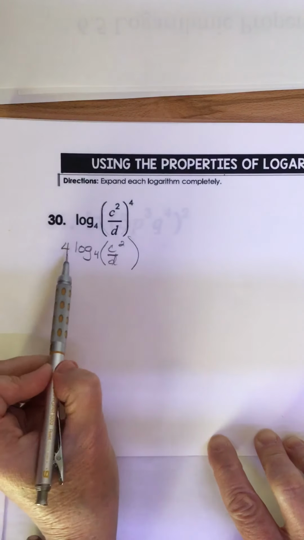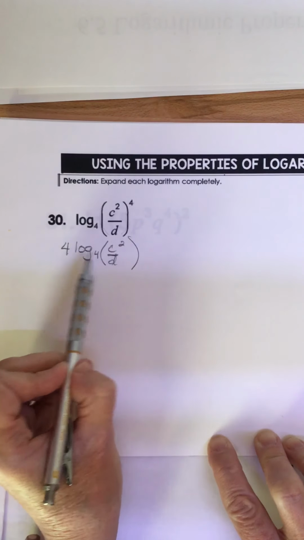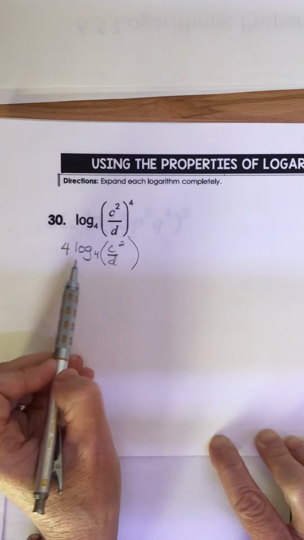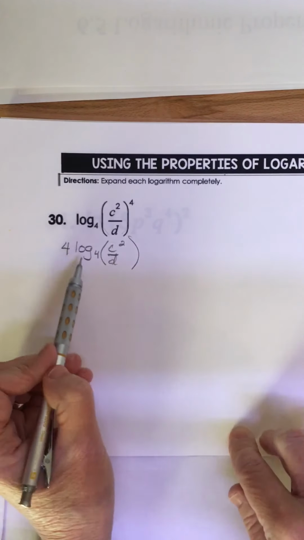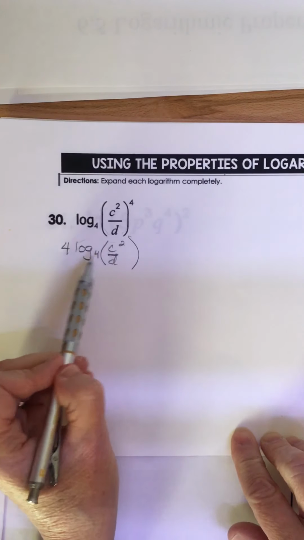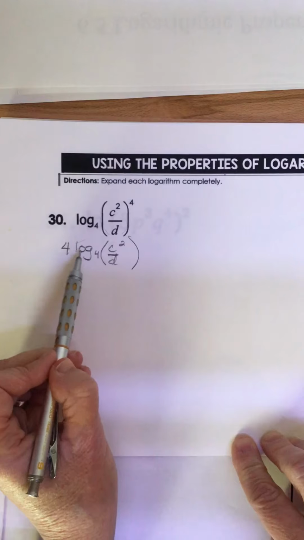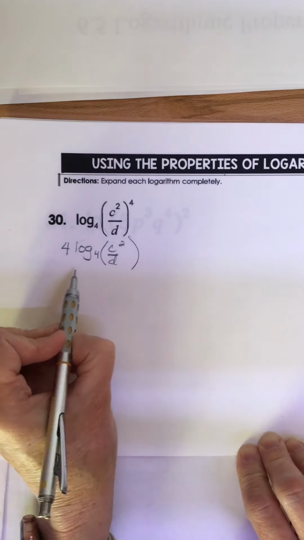All right, now this 4 is being multiplied by this, and so whenever we use the property with this, we have to keep this all clumped together as we expand. So in other words, all of this has to be in parentheses as we expand.